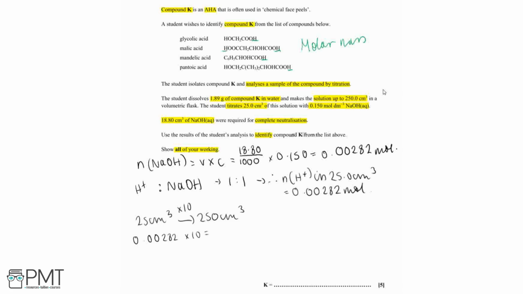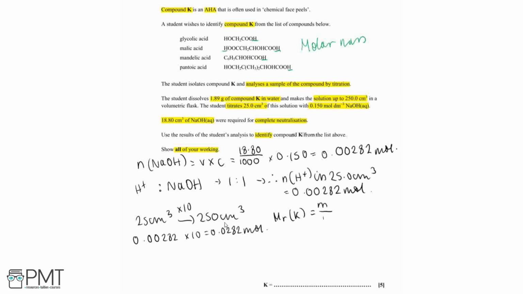So our moles in 250 centimetres cubed is going to be 0.0282 moles.